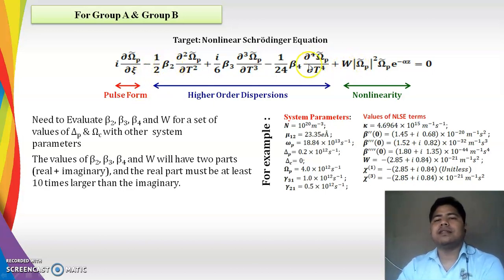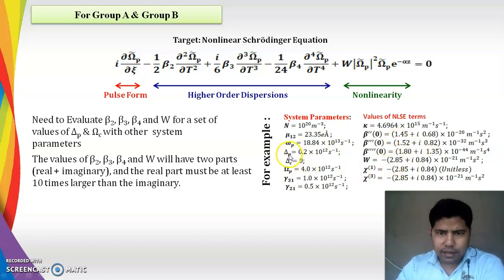If the signs before beta 2 and W are the same, then there will be a problem for soliton generation. So we have to check at which value these two terms will be opposite in nature.